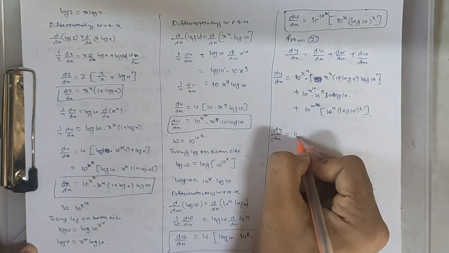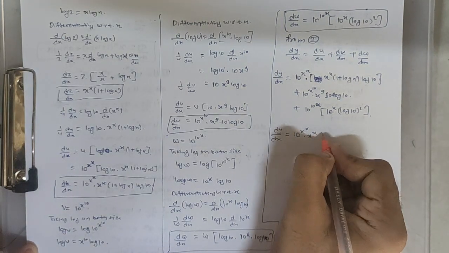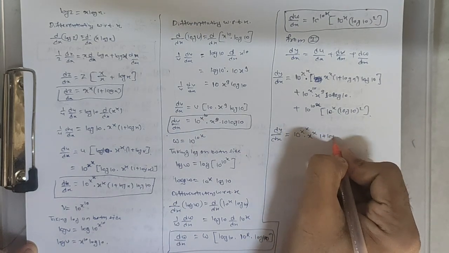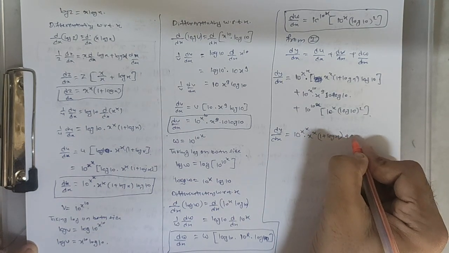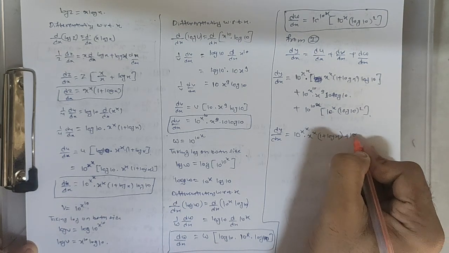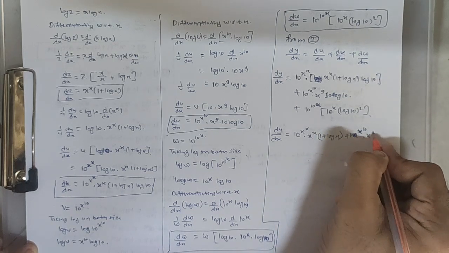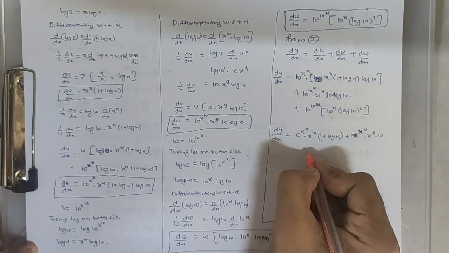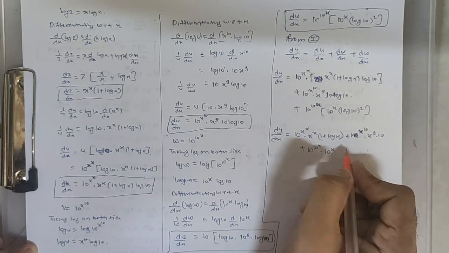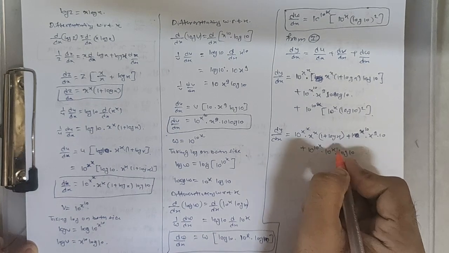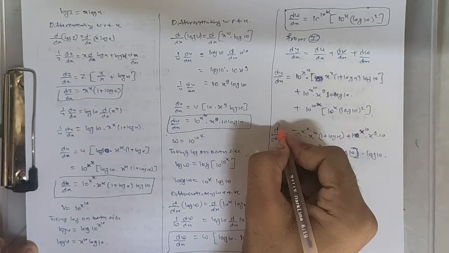So indirectly this will be 10 raised to x to the power x into x to the power x, 1 plus log x, plus x to the power 10 into x raised to 9 into 10, plus 10 raised to 10 to the power x into 10 raised to x into log 10, all in bracket, into log 10. This is our final answer.